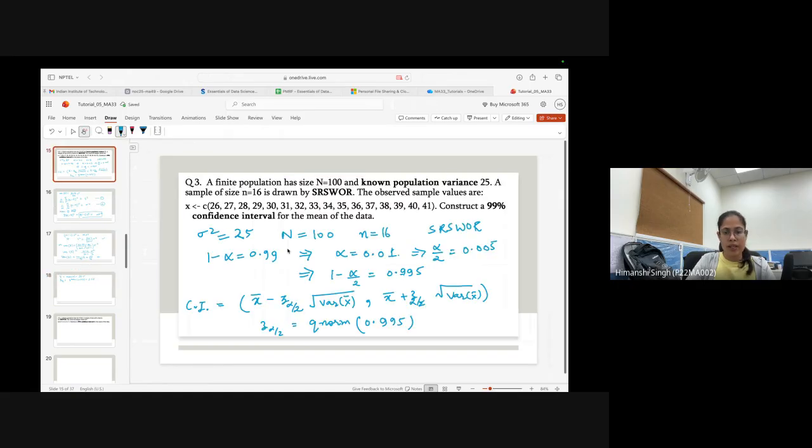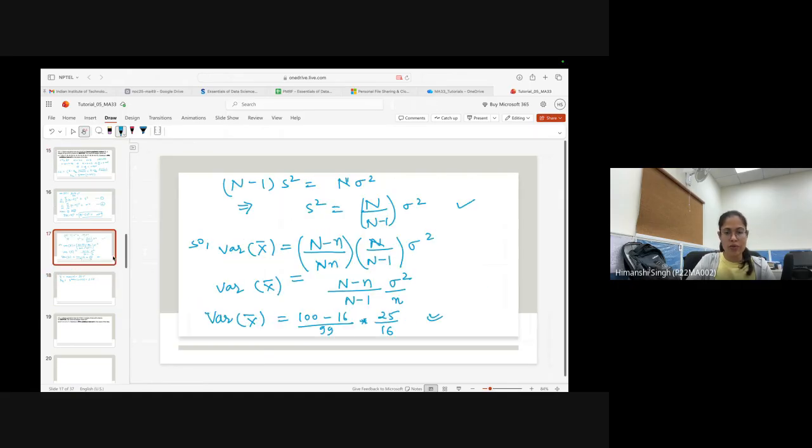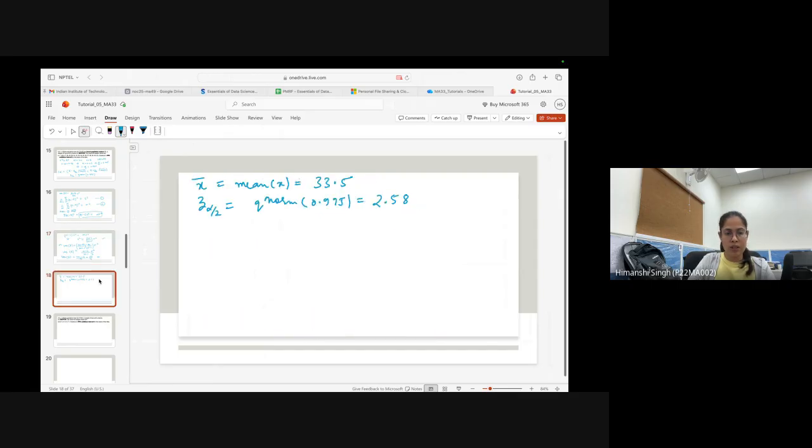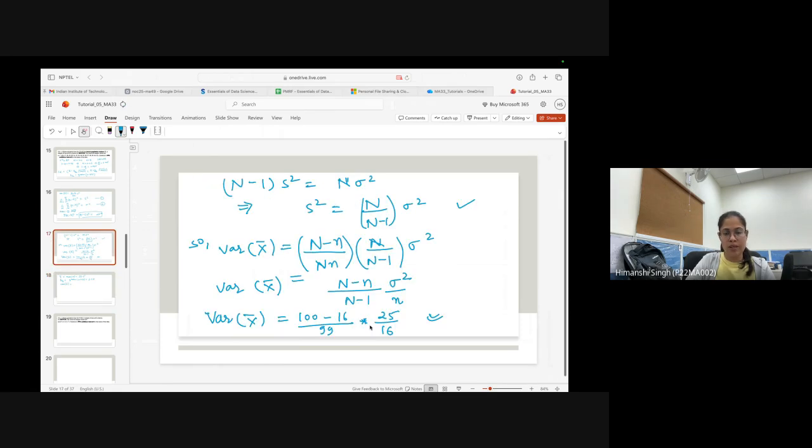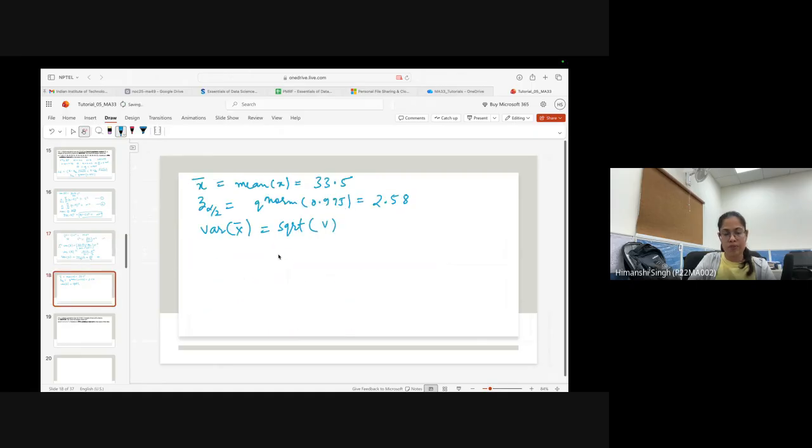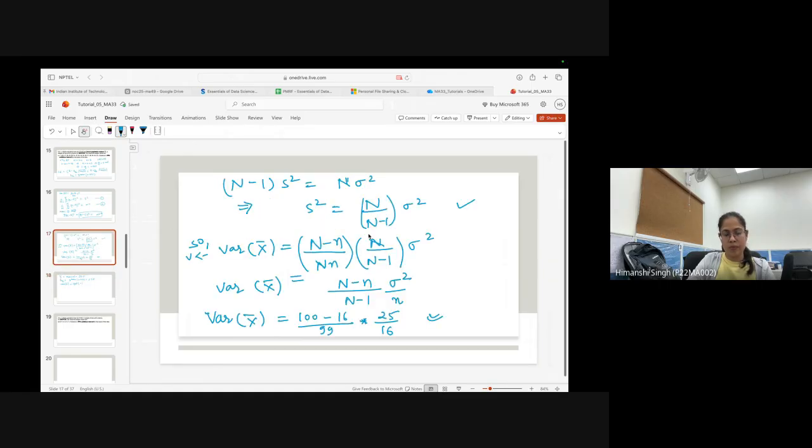Okay, what is the next quantity? That is the square root of the variance of x bar. So variance of x bar is this; I can just take the square root of this. If I have assigned this variance of x bar as, for example, V in R, then it will be sqrt(V). So V is this quantity. In R I just coded it by using this division and multiplication.